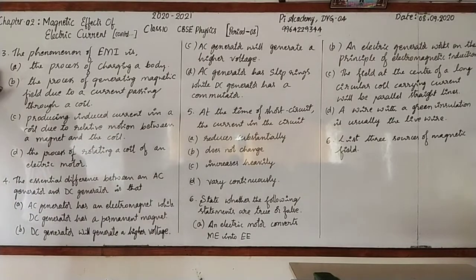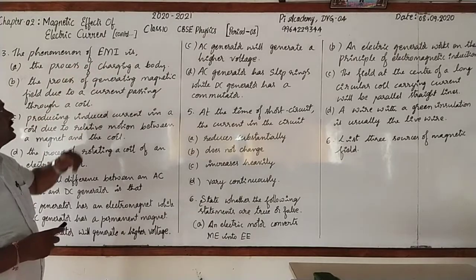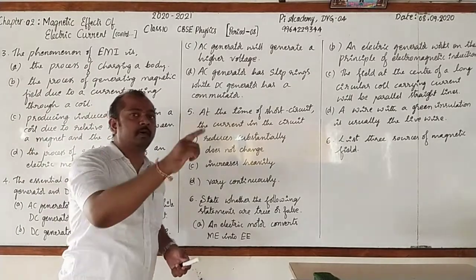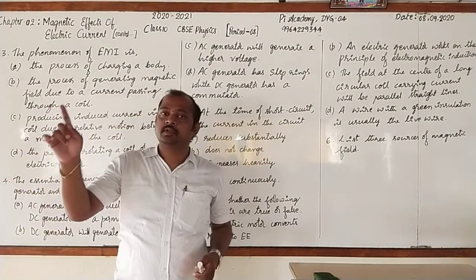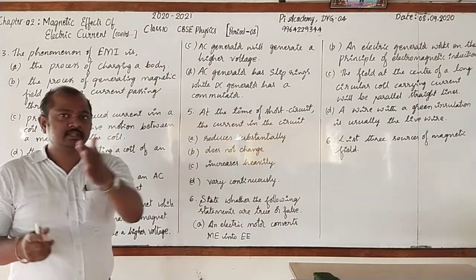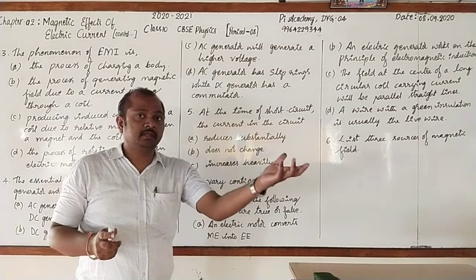Observe. The third question is like this: the phenomenon of EMI is dash. These are the four options. Just before going to these four options, let us recall the concept of EMI. First, recall the full form of EMI. It is electromagnetic induction. That is, electricity is produced by the magnetic field.